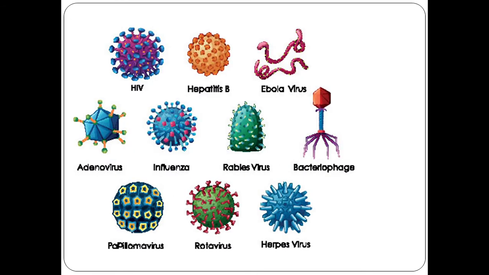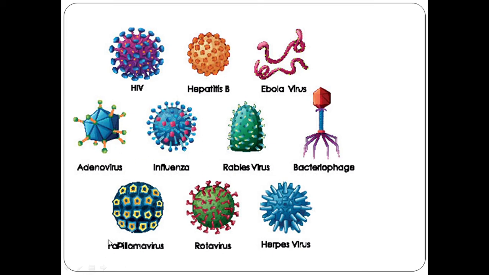Some examples of viruses we will learn here are the HIV virus, which causes AIDS, hepatitis, Ebola virus, rabies virus, and bacteriophage, which attacks bacteria. Rabies virus causes the rabies disease, and influenza causes the common cold.